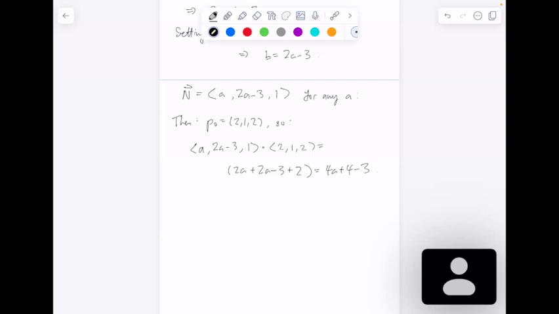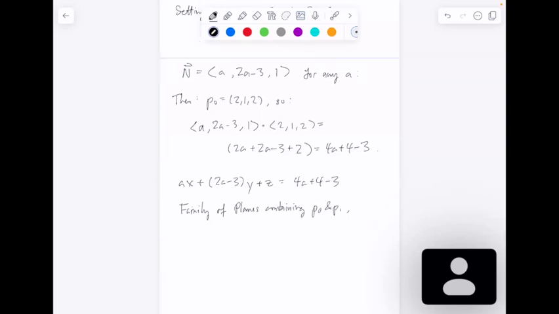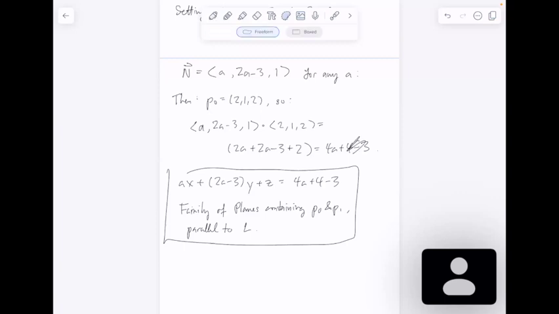Okay, so this means that the plane given to you by ax plus 2a minus 3 y plus z is equal to 4a plus 4 minus 3. This is a family of planes containing P0 and P1 parallel to the line L. Oh, is it 4a minus 1? Sorry, guys. As you can see, it's a weird day today. So this 4a minus 1 is the constant here.